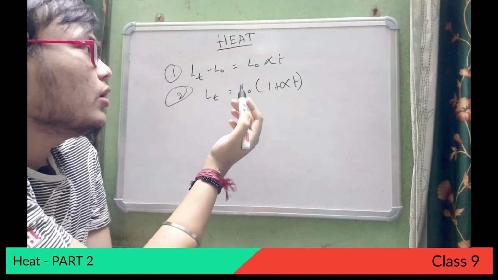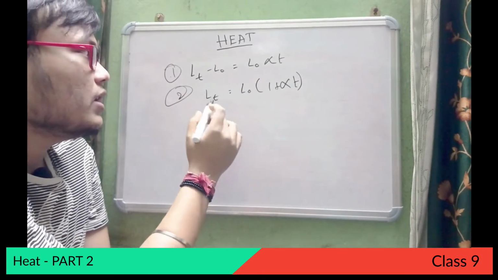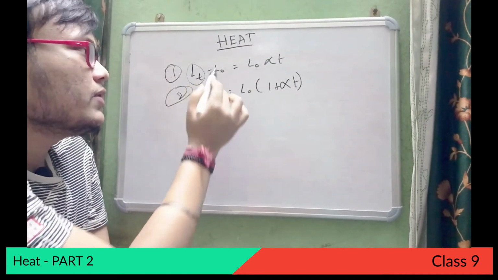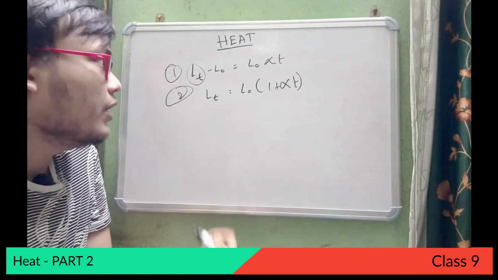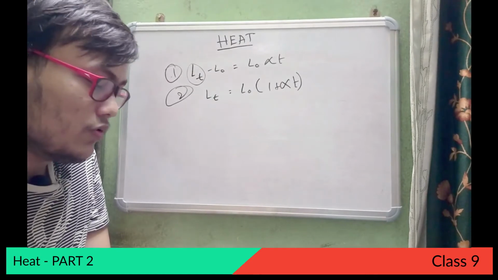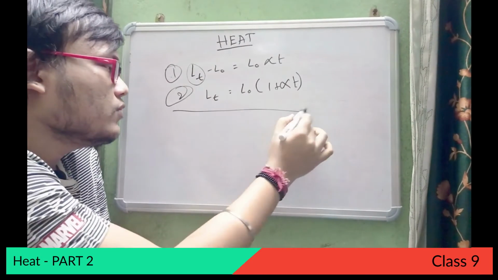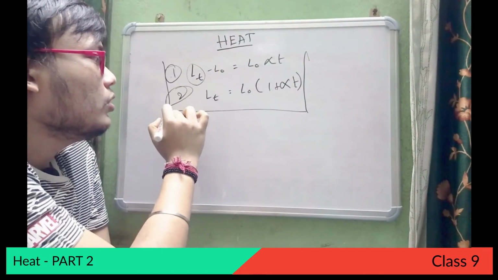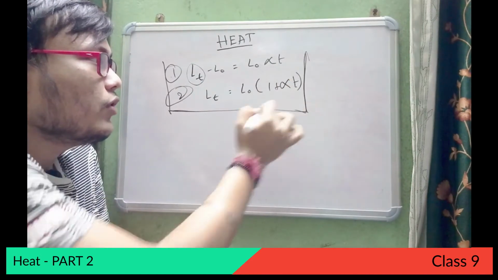Obviously for superficial expansion, the LT and L0 terms are replaced by AT and A0, and for cubical expansion by VT and V0.